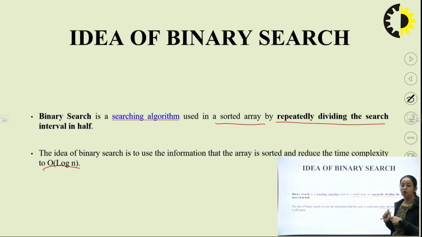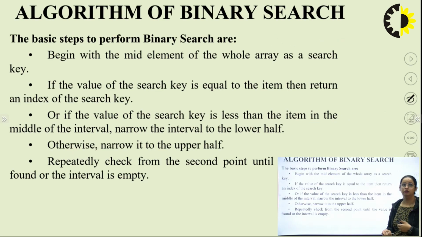So the time complexity and execution time are reduced here, because every time we are only checking half of the array, not the complete array. That's why the time complexity is reduced here.